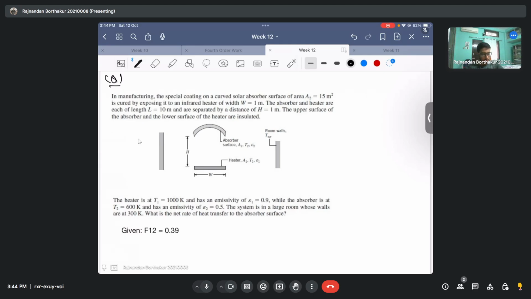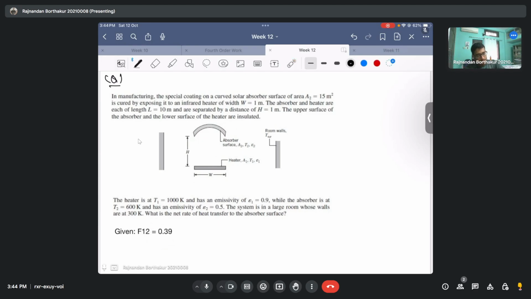Given that F12, the fraction of radiation leaving surface 1 that strikes surface 2, where surface 1 in this case is the heater and surface 2 is the absorber plate. If you read this question, you will understand what a heater and an absorber plate are in this case. It's given that the fraction of radiation leaving the heater and striking the absorber plate is equal to 0.39.